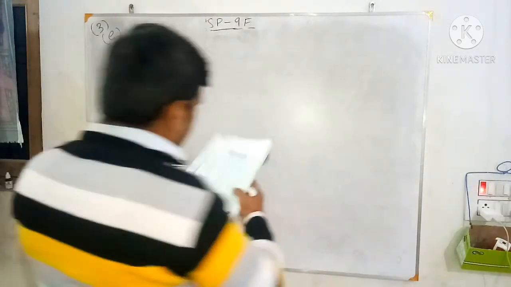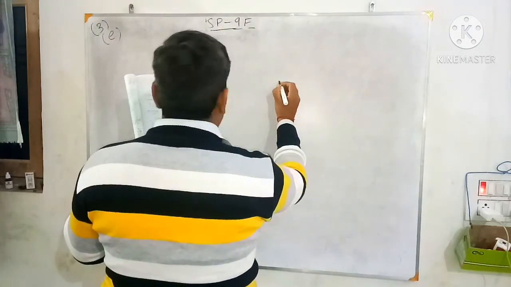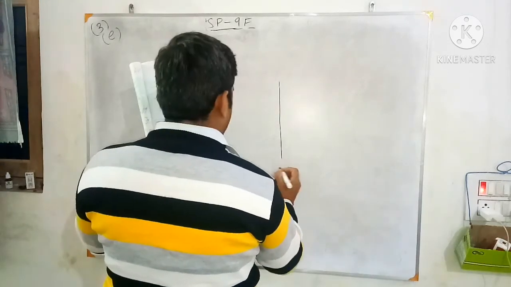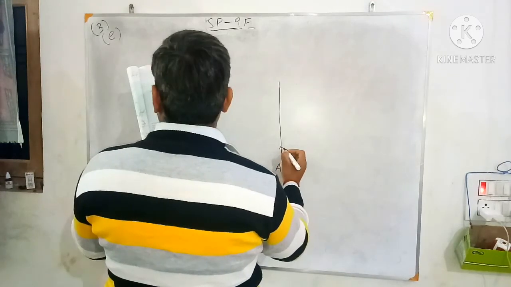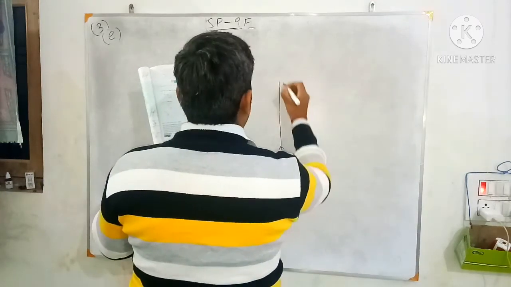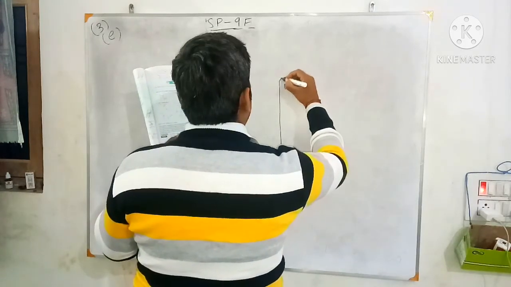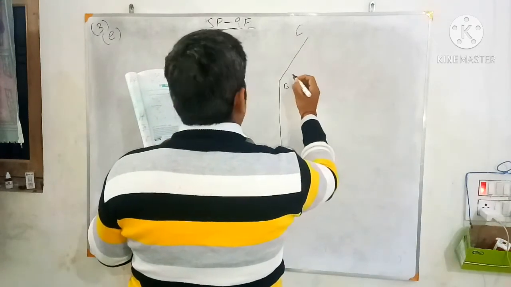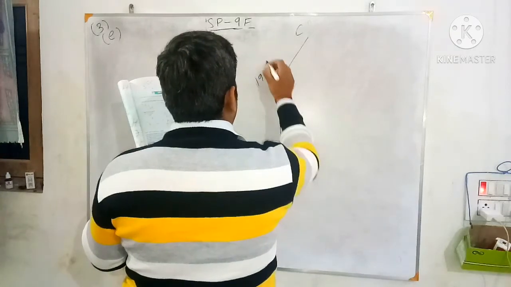So see, there is a line A, this is parallel, and here the point B, another line goes to C, and the angle, this is 194 degree.